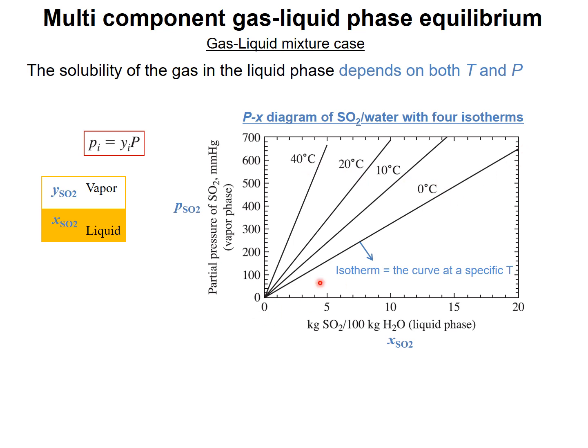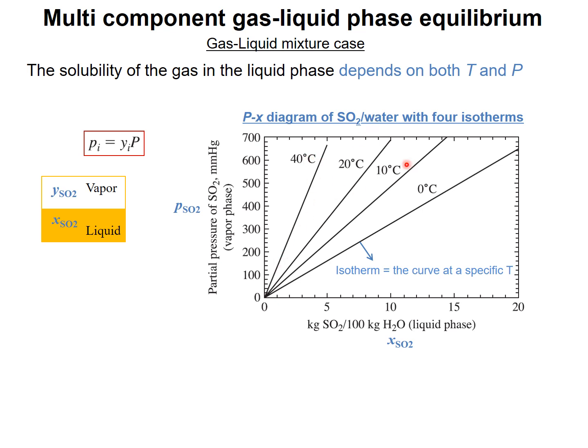Each curve is called an isotherm, which is defined as the curve at a specific temperature. It means we have 4 different isotherms. The first one is the isotherm at 0 Celsius degree, and this one is the isotherm at 10 Celsius degree, something like that. Then we have this kind of curve.